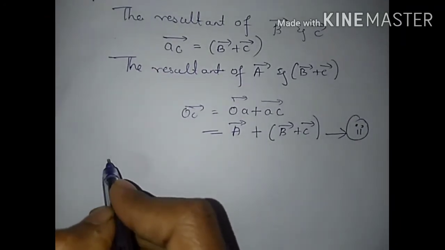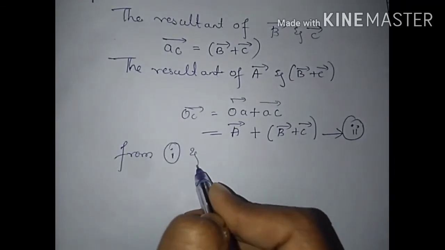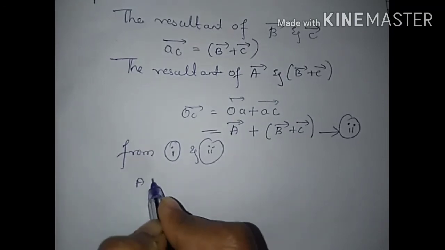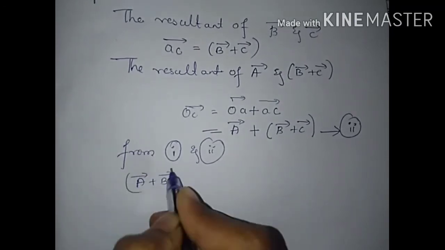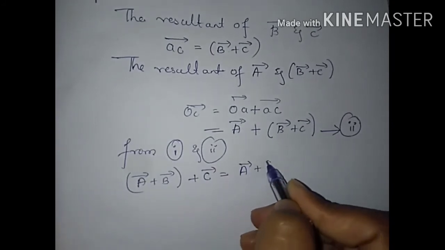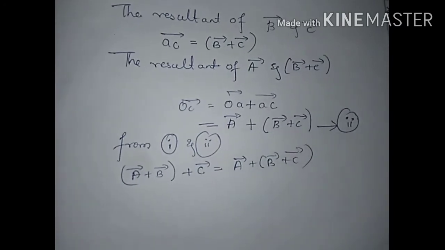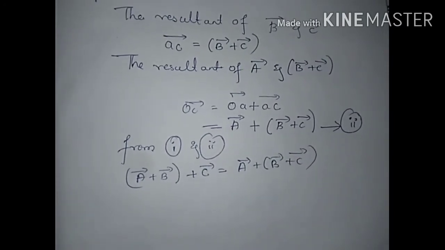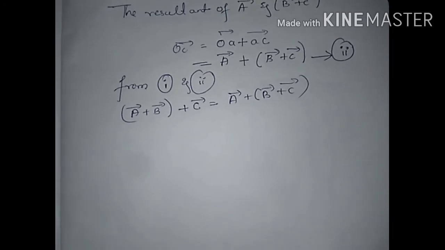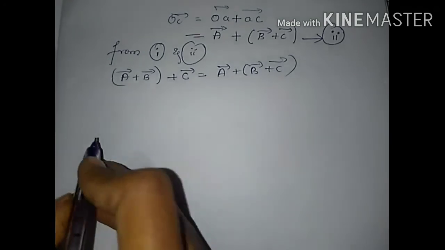So from equations 1 and 2 you can write A plus B plus C is equal to A plus B plus C. So this proves the associative law of vectors addition. So you found the associative law and the commutative law for vectors addition.